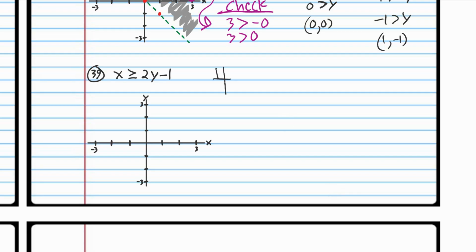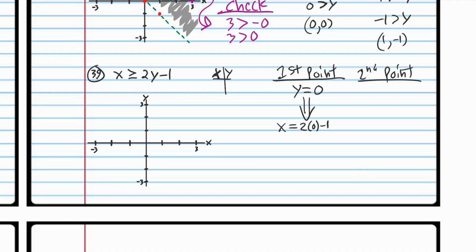All right, we're back. So again, we need to graph the line. So x is isolated, so we want to plug in the y values first. And I'm just going to write equal signs just so I don't confuse you here. So x is equal to 2 times 0 minus 1, which is negative 1.